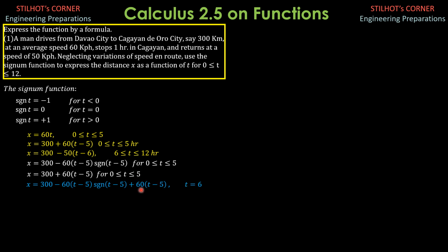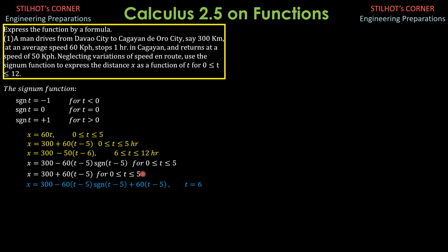And this term is introduced only when time is 6, so that it is also applicable for t equals 6. The first two terms are applicable for this period, and when time is exactly 6 hours, we have to introduce this to adjust the formula so that it will give us 300 kilometers also.